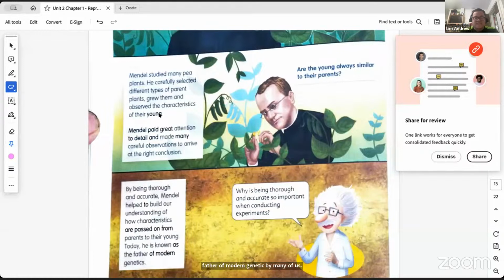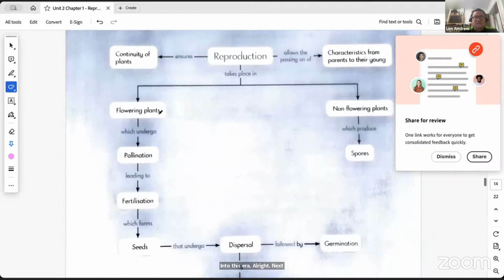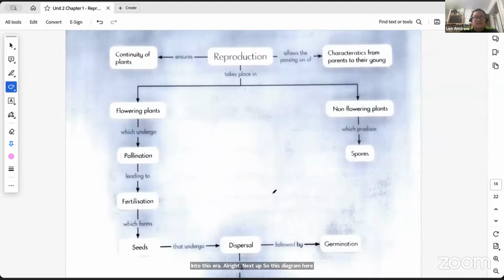All right, next up. This diagram shows what we have learned just now. Reproduction ensures the continuity of plants. Reproduction also allows the passing on of characteristics from the parents to the young, and it takes place in both flowering plants and non-flowering plants.